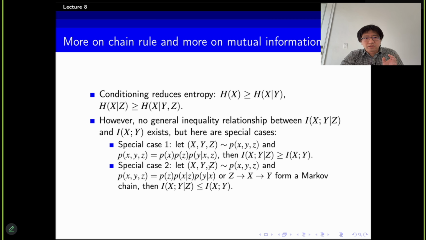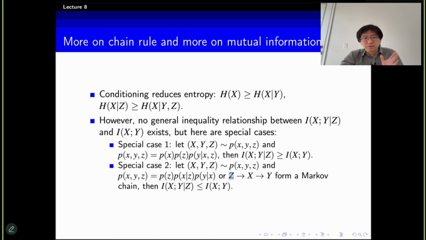And the other case is where conditioning can reduce the mutual information. The reason is that we form a Markov chain from Z to X to Y. This is the definition of a Markov chain: the probability of y given x equals the probability of y given x and z.